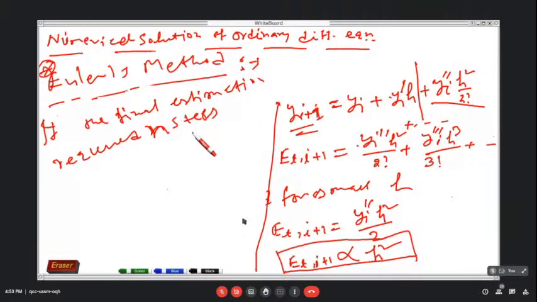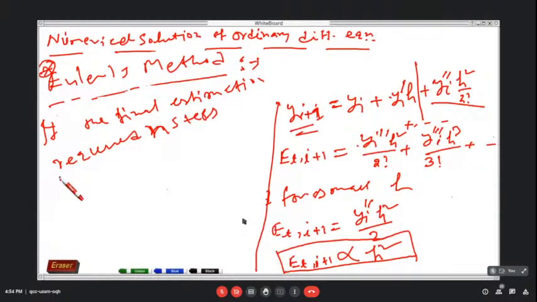Let's say for the calculation you did, you have to take 10 steps. So the total global truncation error, because that is now adding up all the truncation errors.